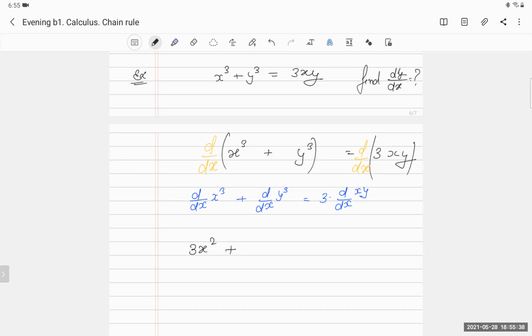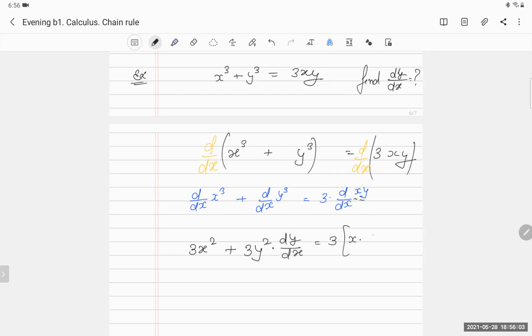So what is the derivative of power 3? Power 3 is 3 into y power 2, that is y square, dot dy by dx. Now that power 3 is gone, I'm left with y, so the derivative of y is dy by dx. Plus 3, now there are two functions, so I will use the product rule.